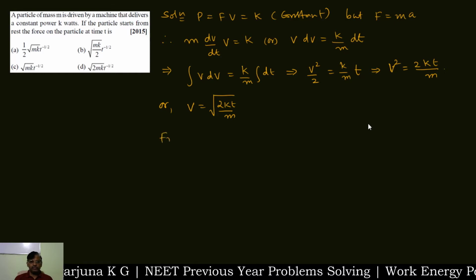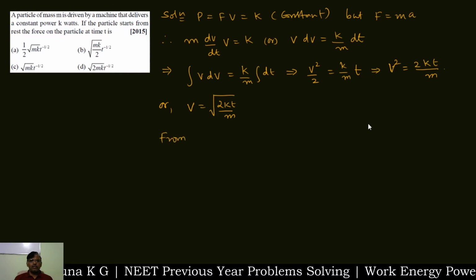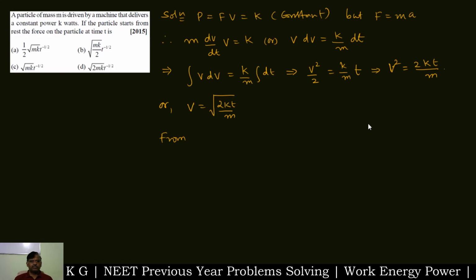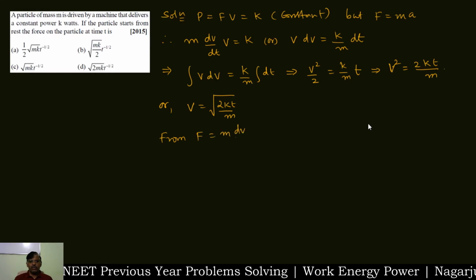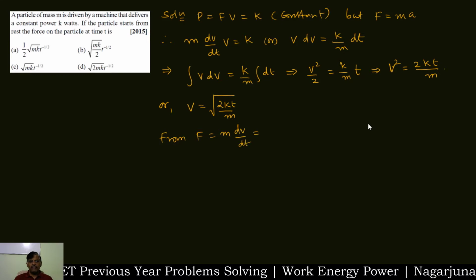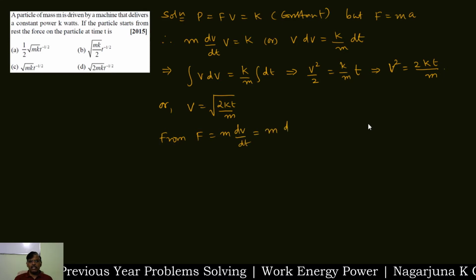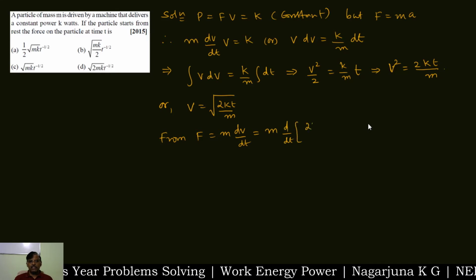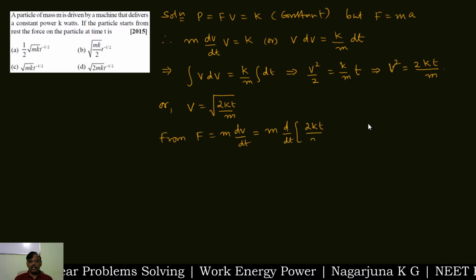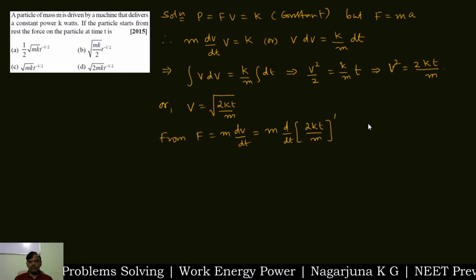From F is equal to M into dV divided by dt, so M into d by dt of the V value, that is 2kt divided by M whole to the power of 1 by 2.